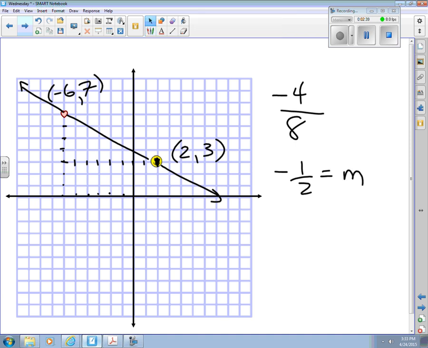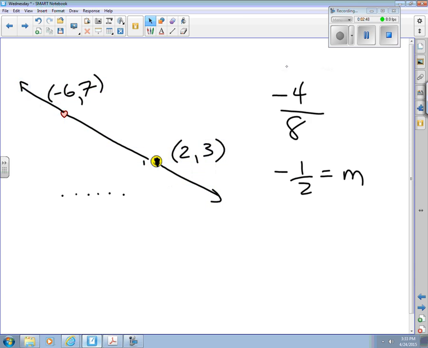Now, let me simplify this a bit. First, let's take away the actual grid. There we go. Let's say that I know this point is 2, 3, but I don't know the coordinates of this other point.